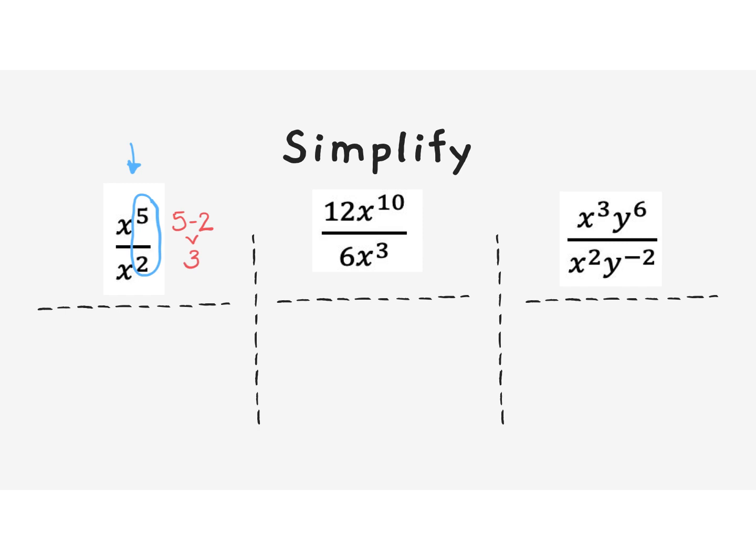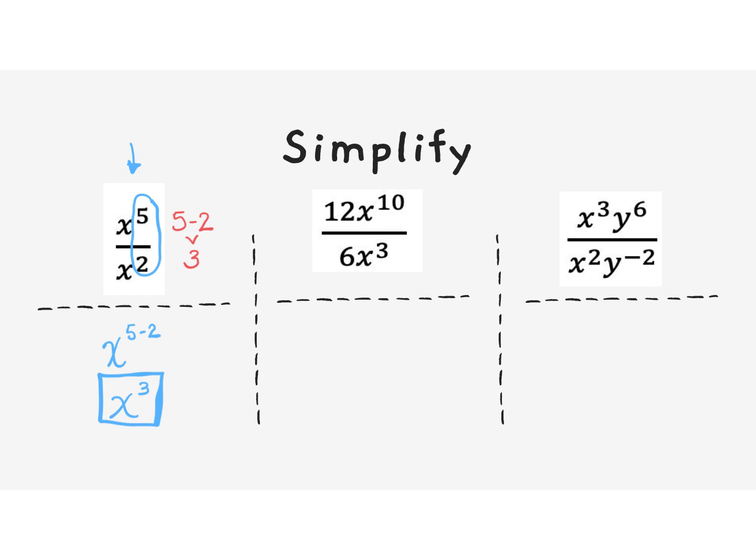So what does that look like as a problem? We would have x to the 5 minus 2, and that would be x to the power of 3. So we are getting rid of our division problem, which is the goal here for the exponents. And sometimes it doesn't always happen, but that's our goal, and that's the answer.